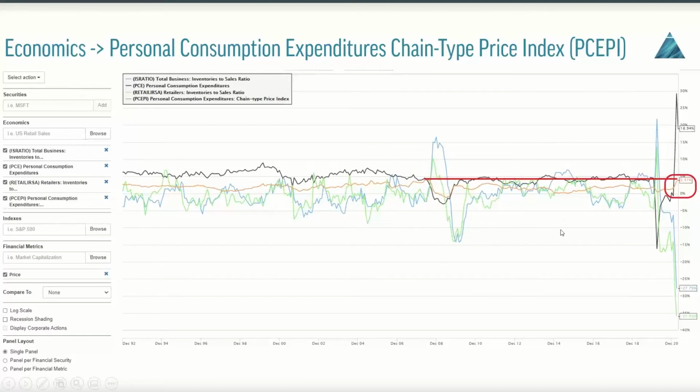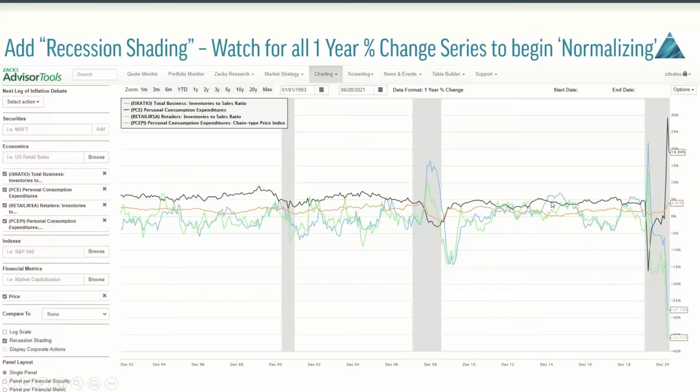So what we're going to want to do is just see how these series play out over the next couple quarters. We want to watch for all of these 1 year percent change series to begin normalizing back to this band between 5% and negative 5%.